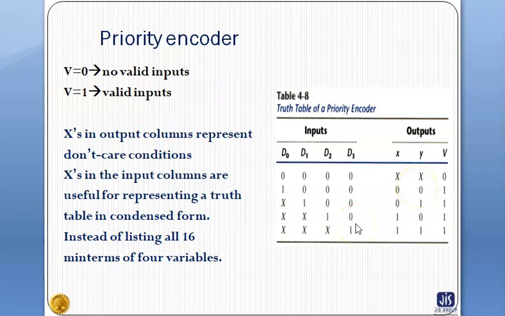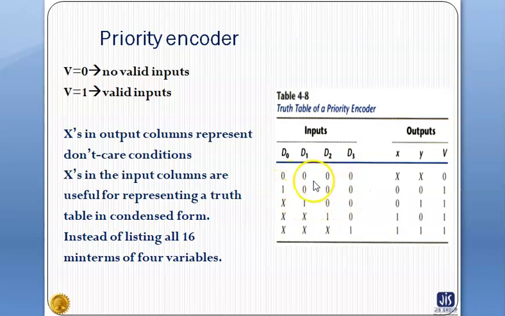Here D3 has the highest priority, therefore whatever the other inputs are, when D3 is high, the output will be 1 1. D0 has the lowest priority, therefore the output would be 0 0 only when D0 is 1 and the other input lines are low.